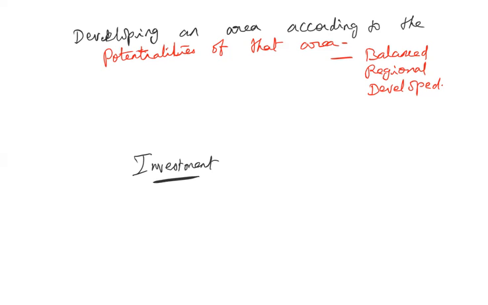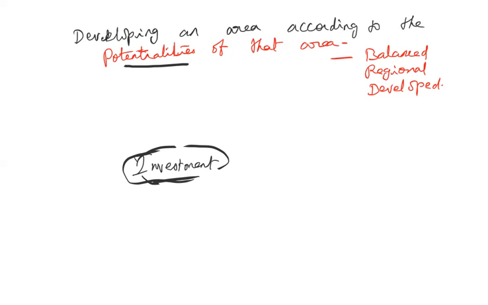If there is some potentiality in a particular backward area, then to utilize that potentiality, investment has to be made even in the backward area. So develop the area according to its potentialities. If you are developing the hilly area by making certain investment, you are not wasting that area. Whatever can be utilized in that particular area, that potentiality has to be utilized.